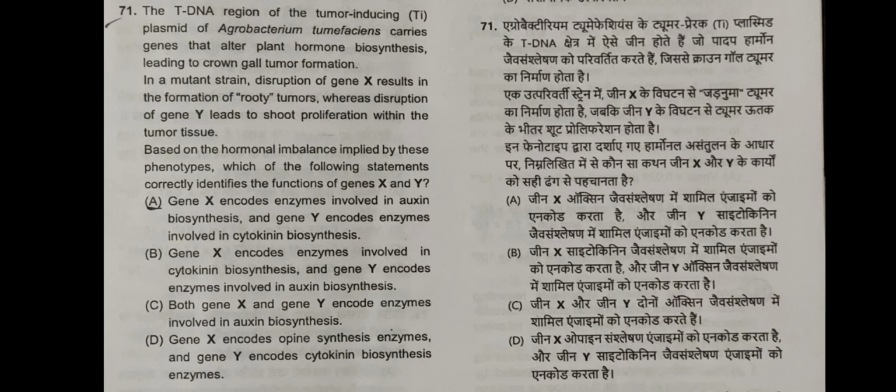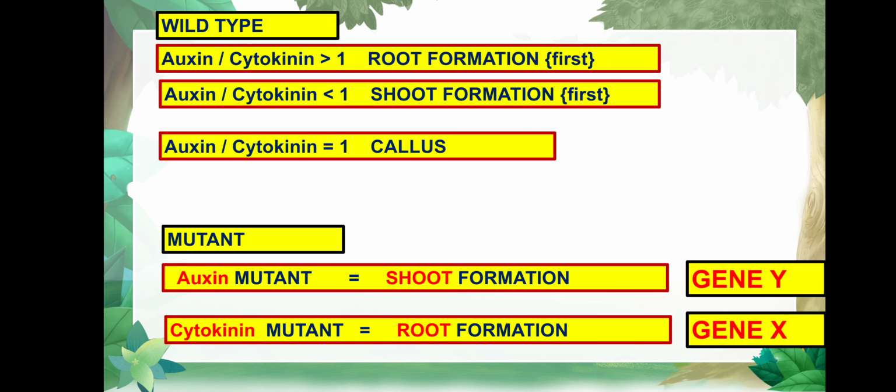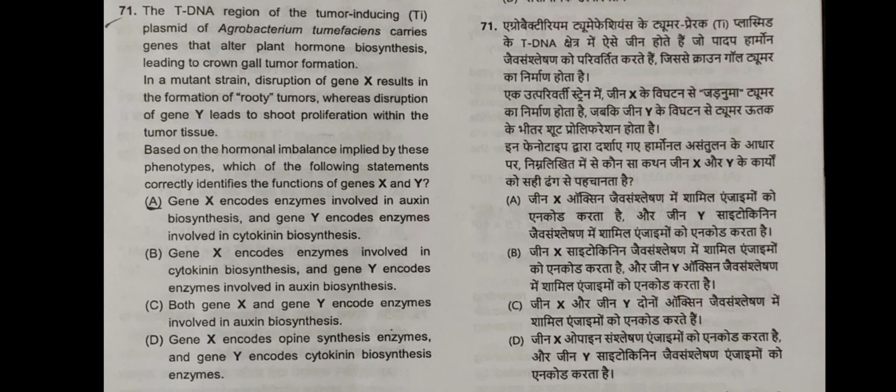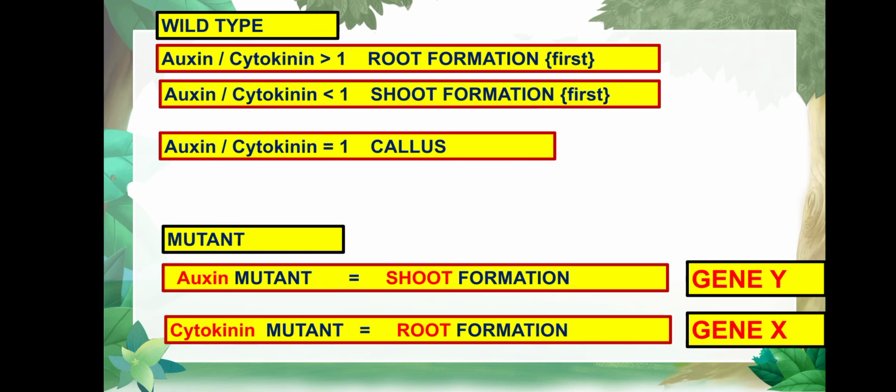Now coming on to the question. Let's read the question. In a mutant strain, disruption of gene X results in the formation of rooty tumors. See, in the second paragraph, disruption of gene X results in the formation of rooty tumors, so the root is formed. When gene X is mutated, there is root formation.